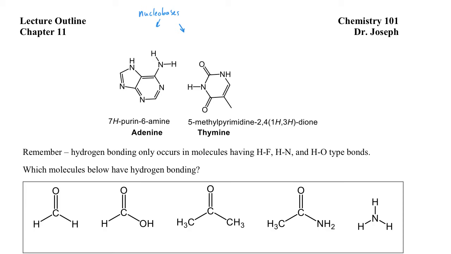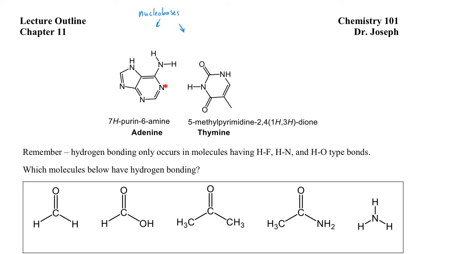Also notice that directly across from that hydrogen, in either case, we have another electronegative atom. So directly across from this hydrogen, we have a very electronegative oxygen. If that is delta negative and this is delta positive, we could have a hydrogen bond there. Similarly, if we look at this delta positive hydrogen, we have a delta negative nitrogen over here.